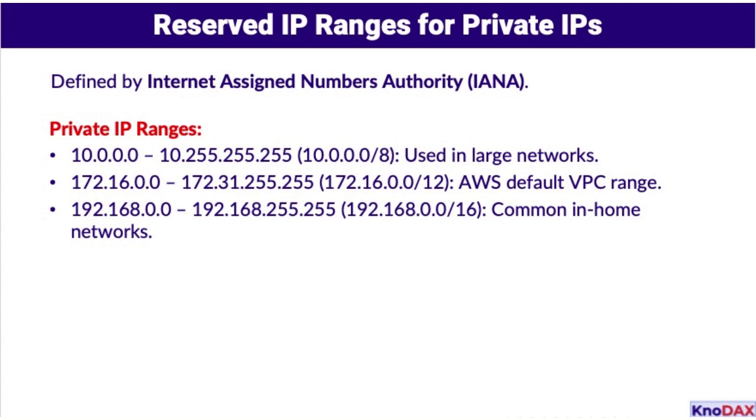This range is often used for default VPCs in cloud environments like AWS, making it a go-to option for virtualized networks. 192.168.0.0 to 192.168.255.255, which is 192.168.0.0/16. This range is widely recognized as the standard for home and small office networks, typically set up by routers to assign IPs to connected devices.